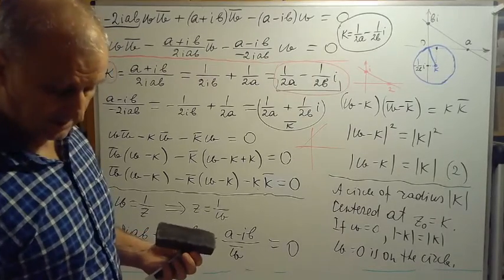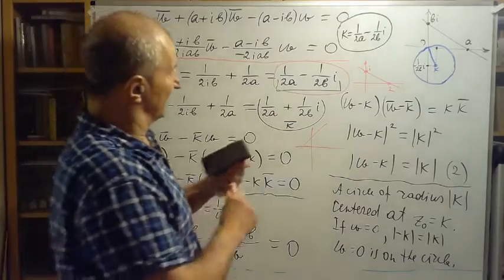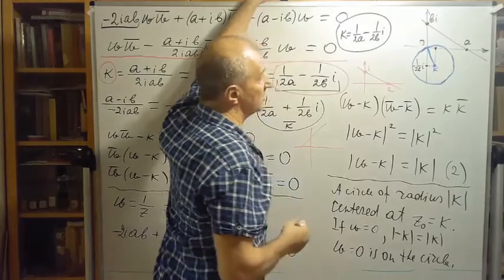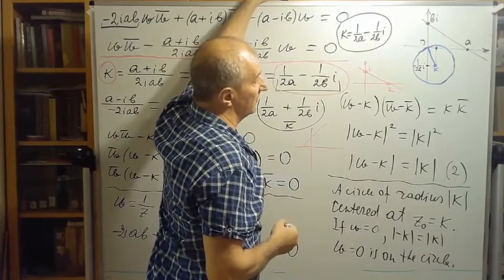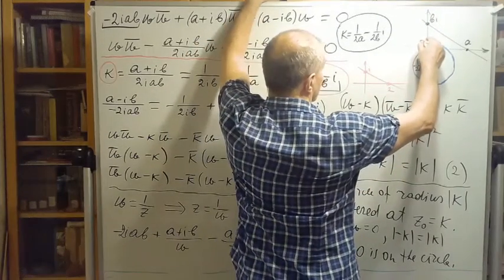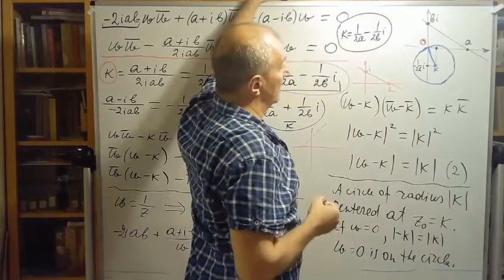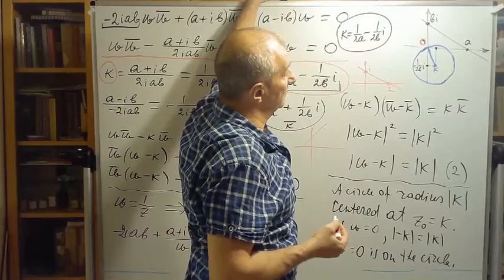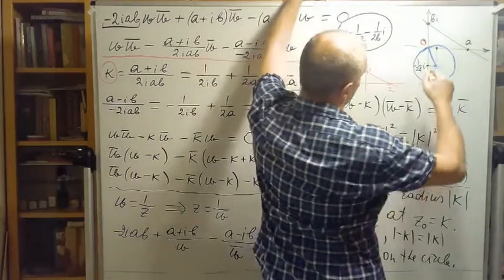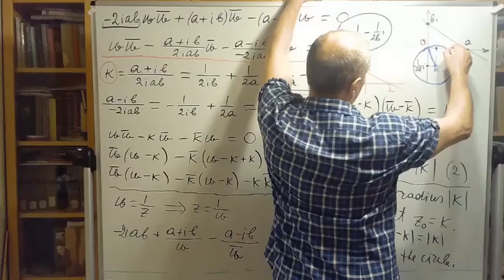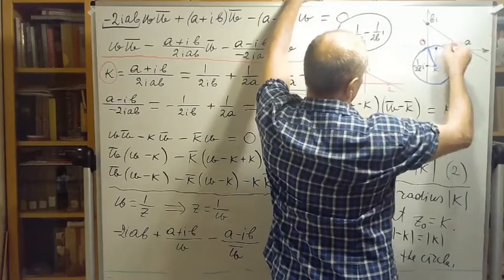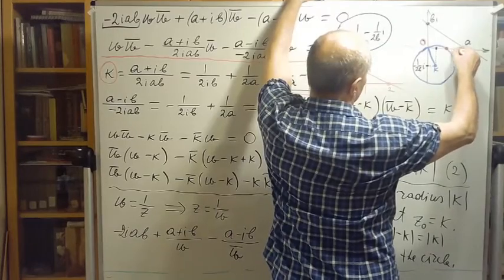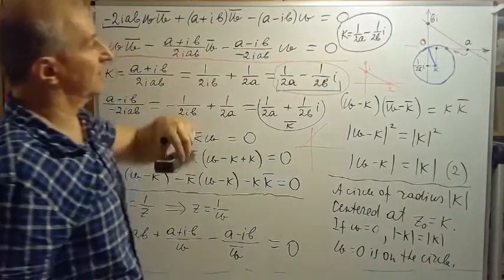What is interesting here? It must be a one-to-one transformation and onto, so every point on the circle is the image of some point of the line. For instance, I can guess that since this is a real number, this point must go into this point as a result of transformation.